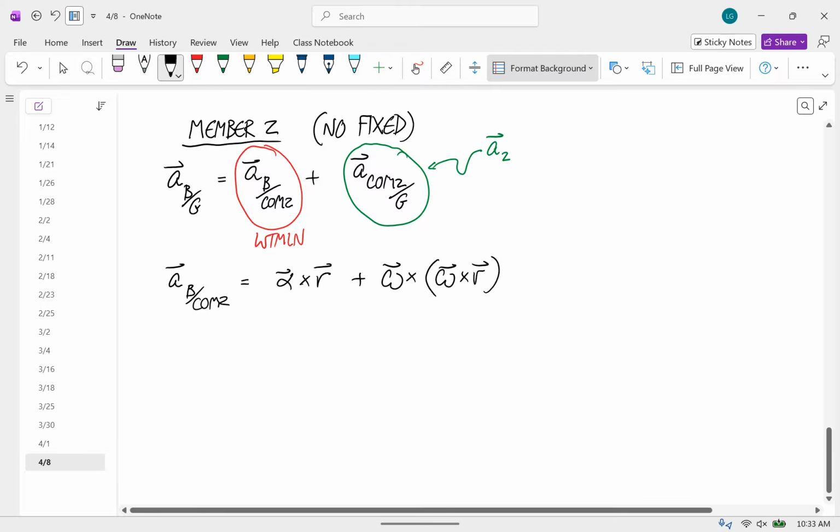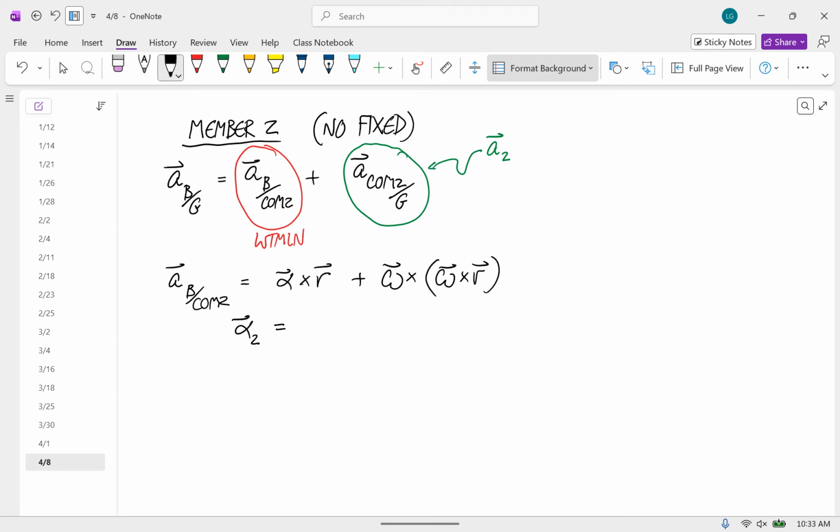Okay, so alpha 2, well, I guess the way I wrote it is, our alpha vector is 0, 0, alpha 2. Our omega is 0. And our r vector, that is from the center of the circular motion to the point you care about.